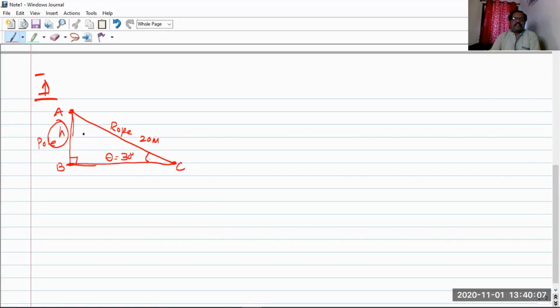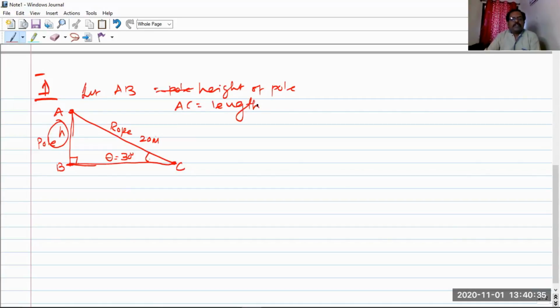So let's use this. Here we just note what AB, AC and BC are. Let AB be the pole, or we can say the height of the pole. Here AC is nothing but the length of the rope.